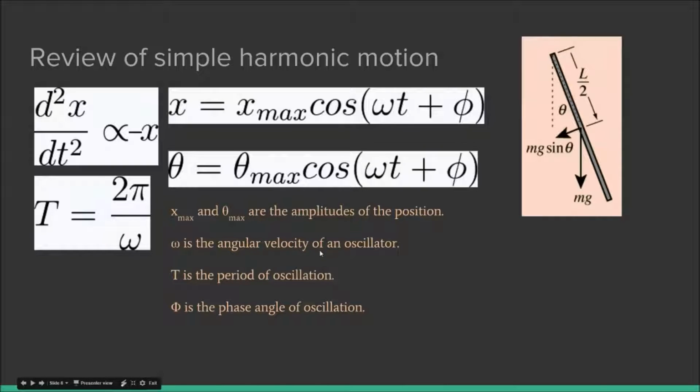Omega is the angular velocity of an oscillator, like the angular velocity of a pendulum, for example. T is the period of oscillation, and phi is the phase angle of oscillation. You usually only deal with phase angles when you're given a graph, so in this problem, we will not be dealing with a phase angle.